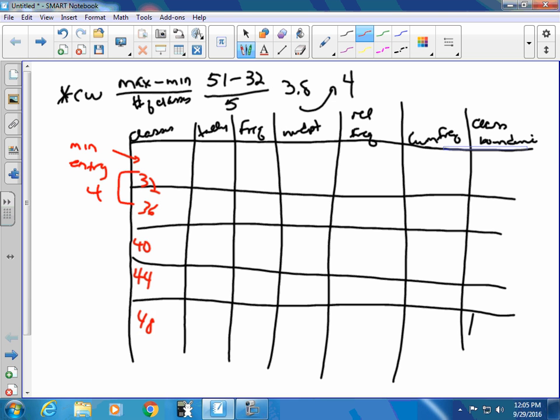To make your interval, take 36. What's the number before 36? It says 32. The number before 36 is what? 35. Now, add 4 all the way down.